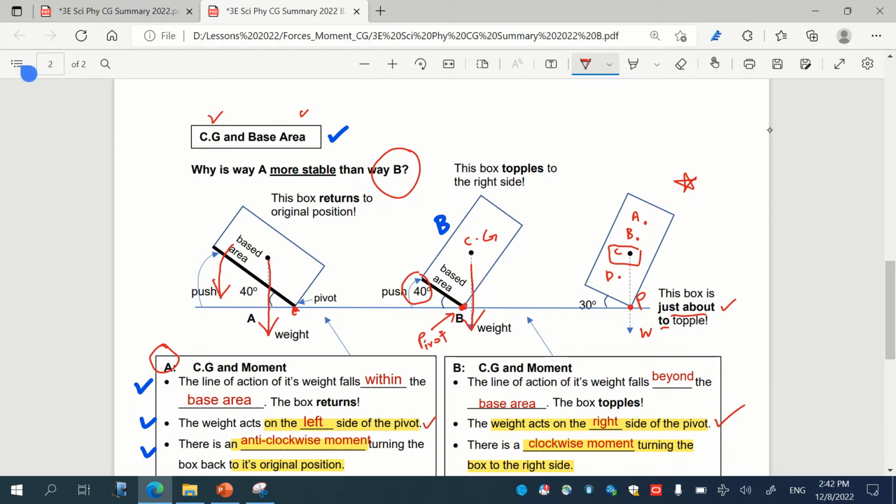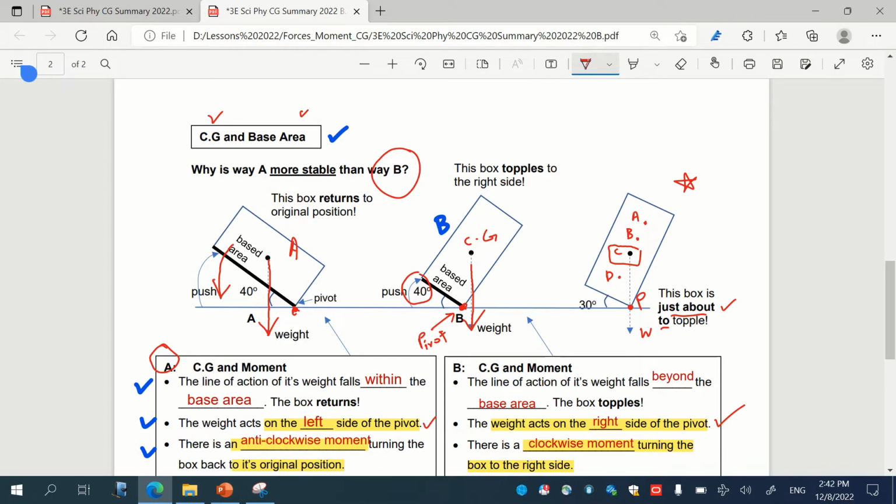It seems like when you put it in position A, you have a larger base area. Because of the larger base area, the line of action of the weight easily falls within the base area, causing the object to fall back to the original position. A smaller base area will cause the line of action of the weight to fall outside the base area, and then it will cause the object to topple.